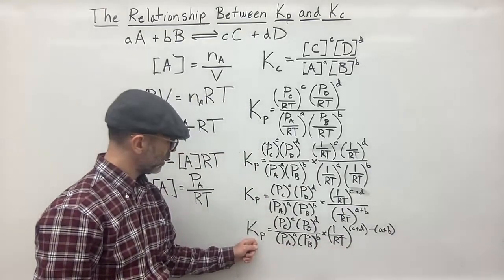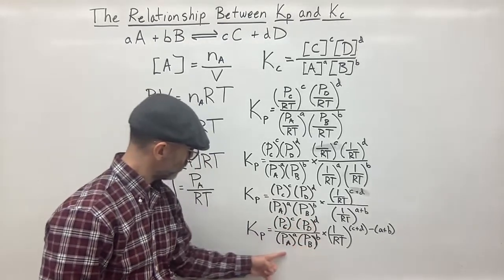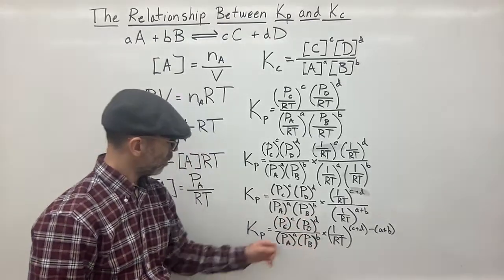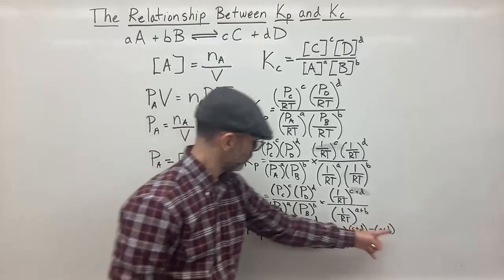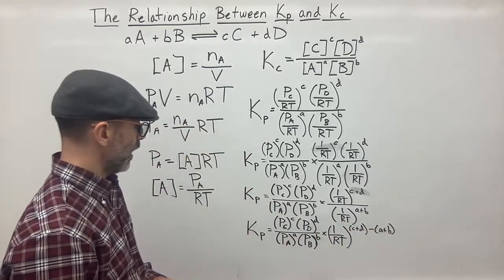So Kp is equal to this multiplied by this. And so we can rearrange this.